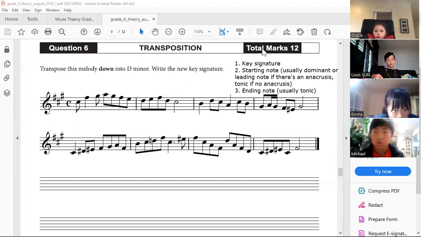I'll keep that on the screen so you can copy it. This is actually no different from grade 3 transposition in any way at all.